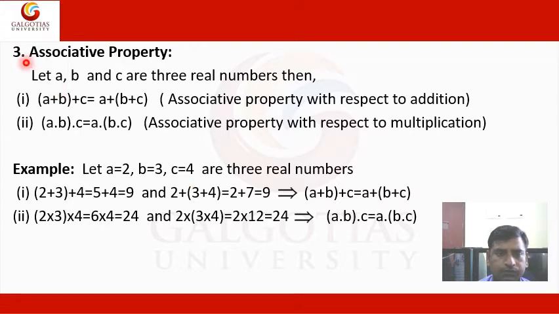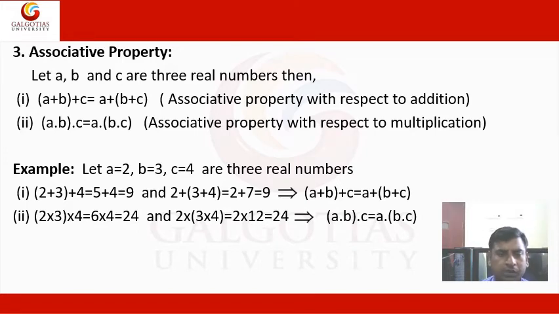Third property of real numbers is associative property. Suppose that we take three real numbers A, B and C. We here also have the associative property with respect to addition and associative property with respect to multiplication.